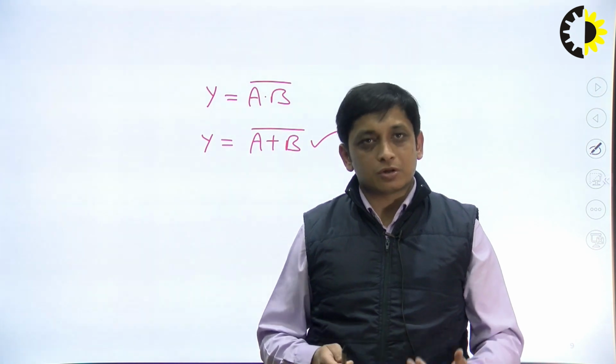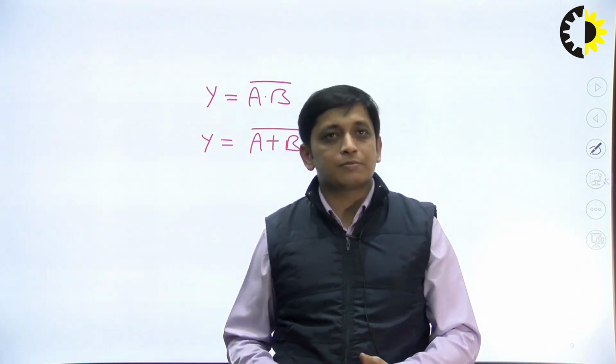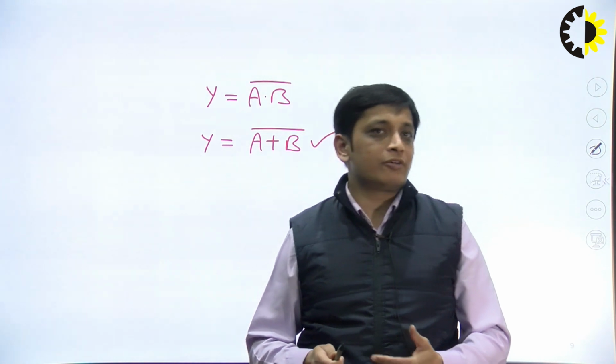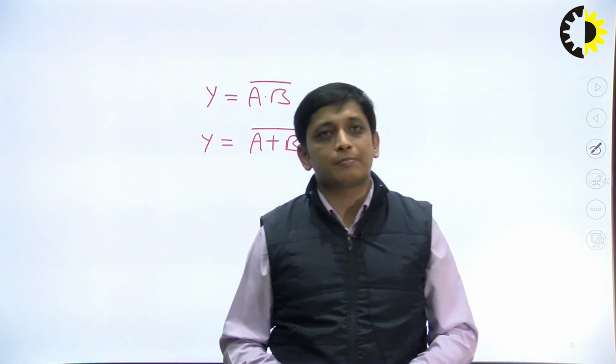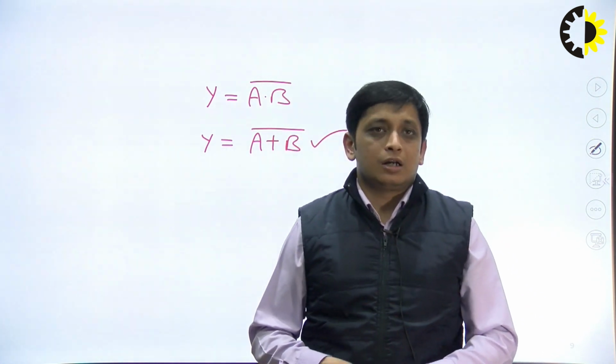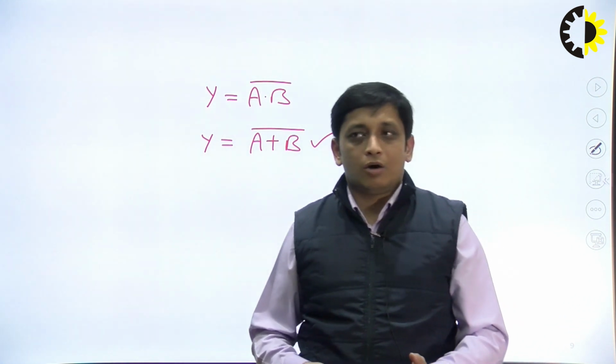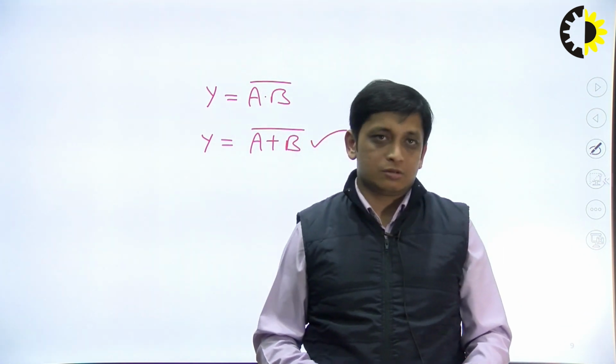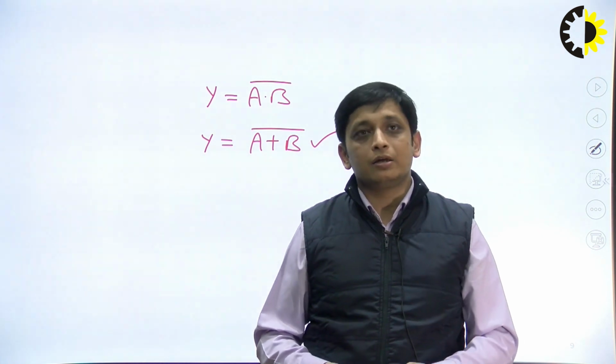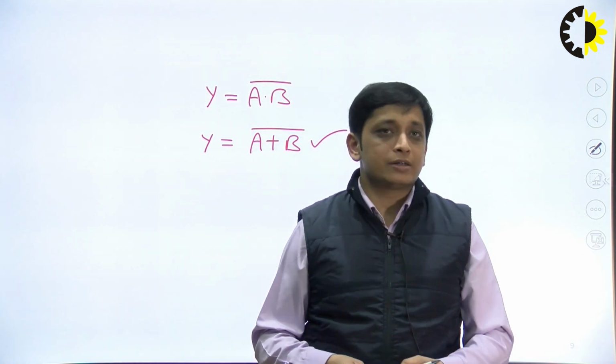Once you understand those concepts, you can apply them to draw the CMOS circuit of different Boolean expressions, like the three examples I have discussed in this class.